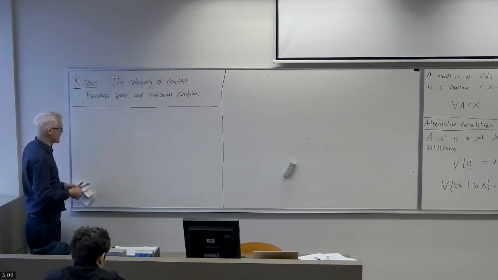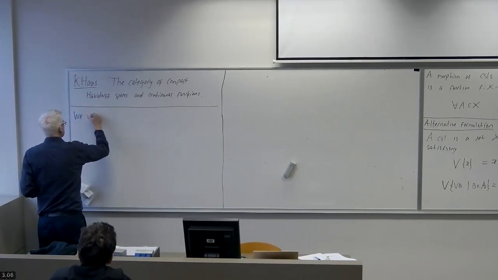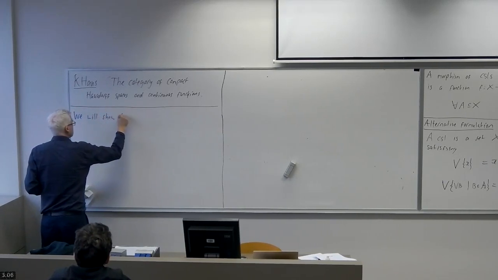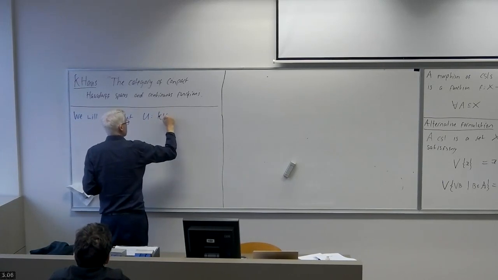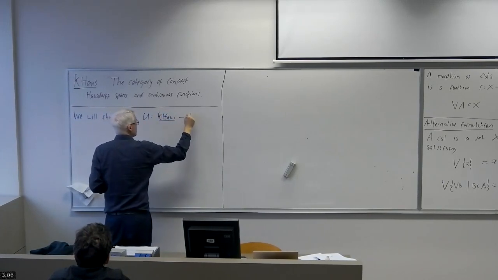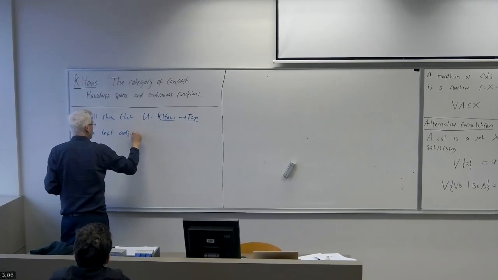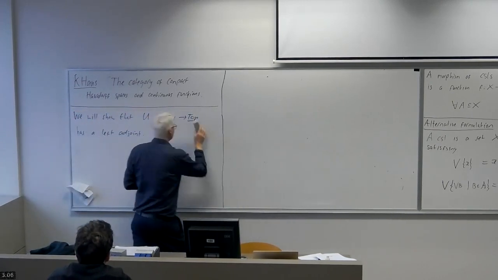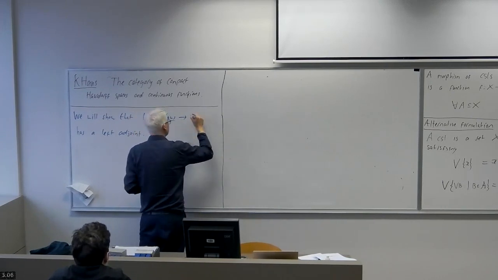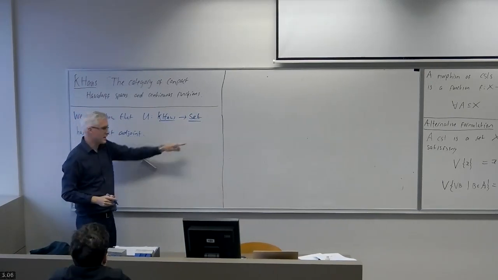The first deep result is we're going to show that the forgetful functor from compact Hausdorff spaces to the category of sets has a left adjoint.